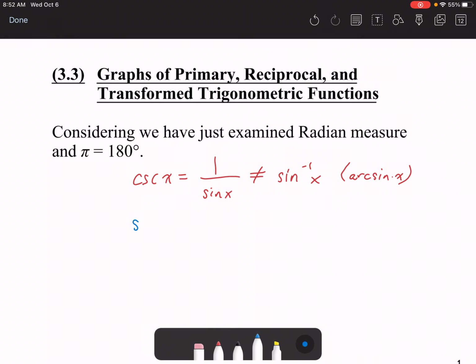Likewise, secant of x is the reciprocal of cosine of x, which is again not equal to cosine inverse of x, sometimes called arccosine.